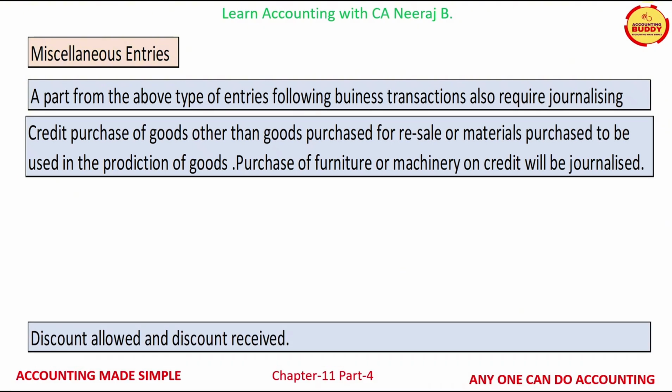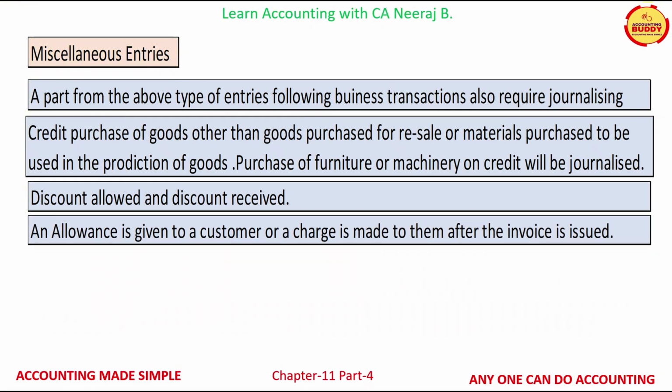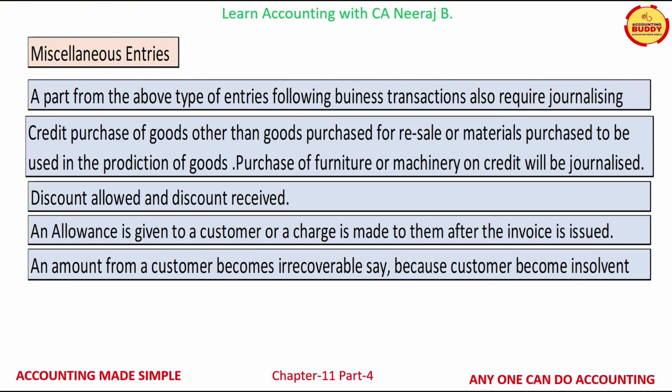Entries related to discount allowed and discount received are also journalized. Another business transaction could be an allowance given to a customer or a charge made to them after the invoice is issued. Another instance of a miscellaneous entry could be when an amount from a customer becomes irrecoverable, say the customer becomes insolvent, and the business needs to pass a journal entry.